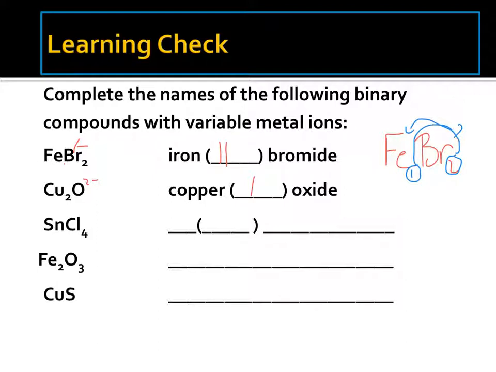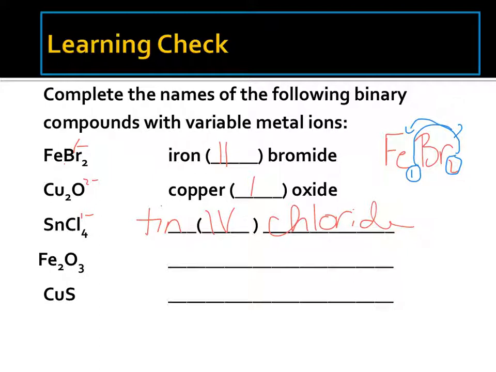Okay, Sn is tin. That's one we'll learn. Chloride always has a charge of 1 minus. So it took 4 chlorides to balance out the tin, so it's tin 4 chloride. Okay, here, Fe2O3.